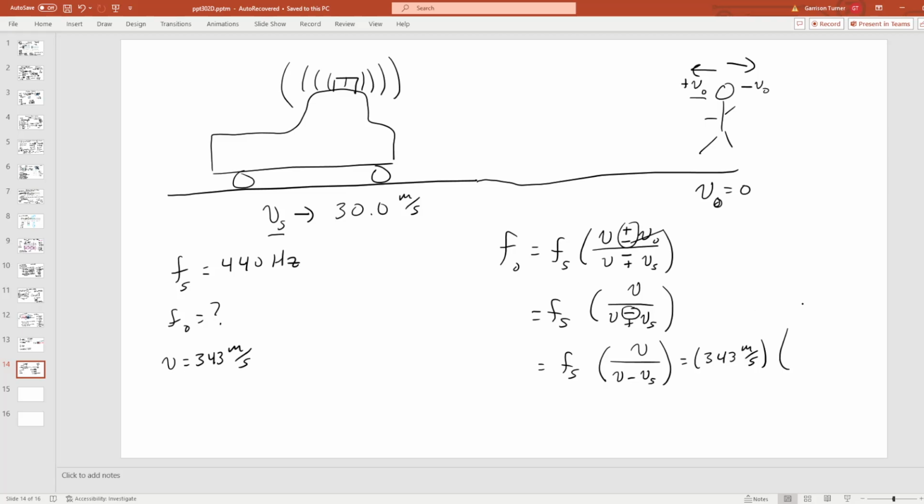Velocities divided by velocities is unitless. Whoops, this is 440, not 343. This is 343. So yes, this has units of hertz. This is a ratio of speeds, so your meters per second cancel out.